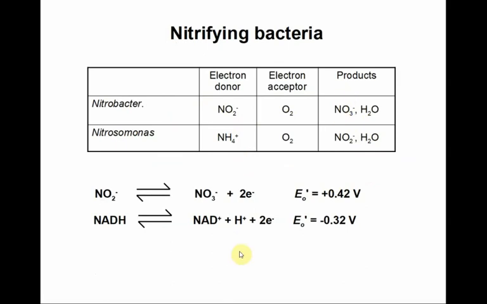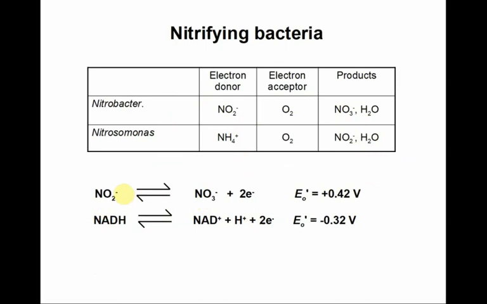So one of the problems here is that, you know, nitrate is a very good electron acceptor. Nitrite is a lousy electron donor. So if you put these two half reactions together, it's never going to go in that direction.